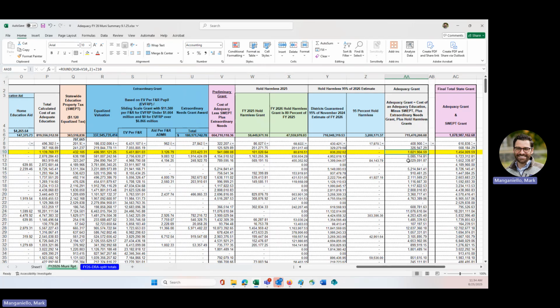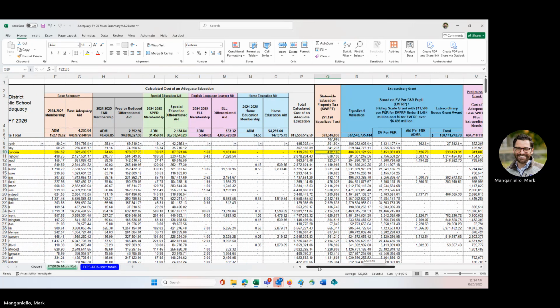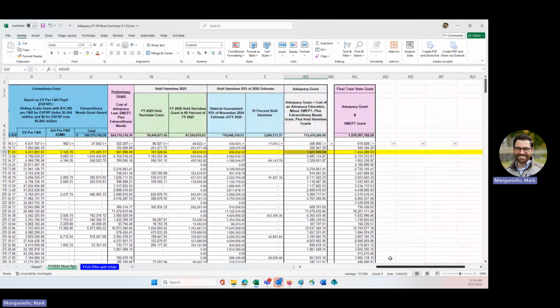So where it's important to understand, again, is where SWEPT happens and where adequacy cash happens. So for Alexandria, they're going to receive $1 million in state cash. So that's money that's going to come from the state bank account. But they're also going to receive this SWEPT money of $432,000. So their total state funding is $1,454,009.